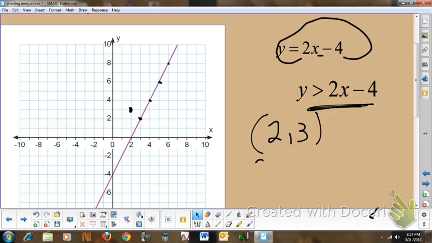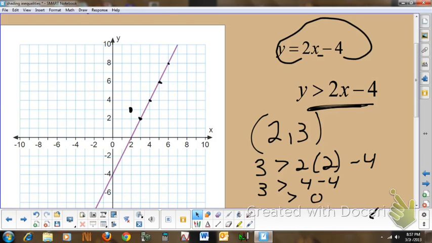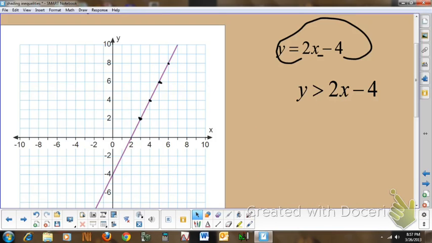So we'll put 3 in for y, greater than 2 times 2 for x minus 4. So 3 is greater than 4 minus 4, which is 0. So in fact, that's true. It works. Okay?